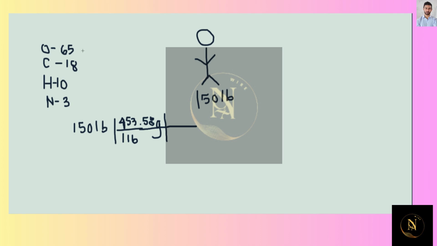When we look at our periodic table, just one oxygen is 16 grams per mole. But remember, oxygen is diatomic, so we're going to have 32 grams per mole.